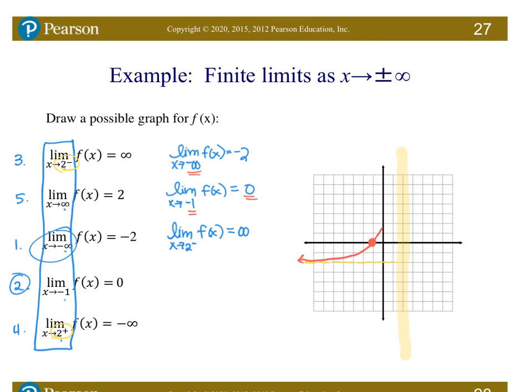So that means when I get close to this asymptote, I'm going up towards infinity with an arrow. Number 4, limit approaching from the right. That's number 4 down here, that's negative infinity. That means another vertical asymptote, but this time I am down at negative infinity down here.